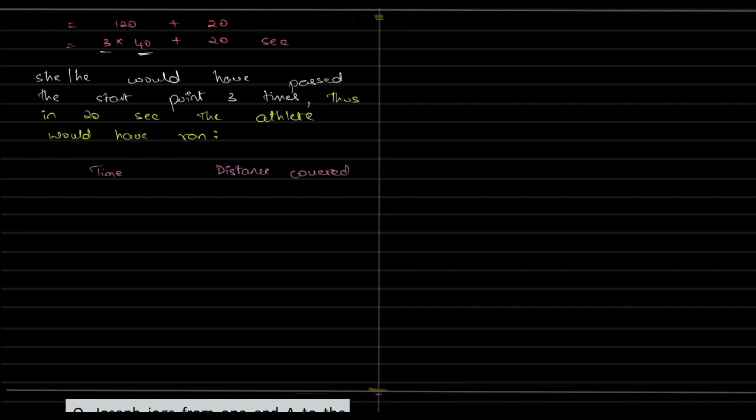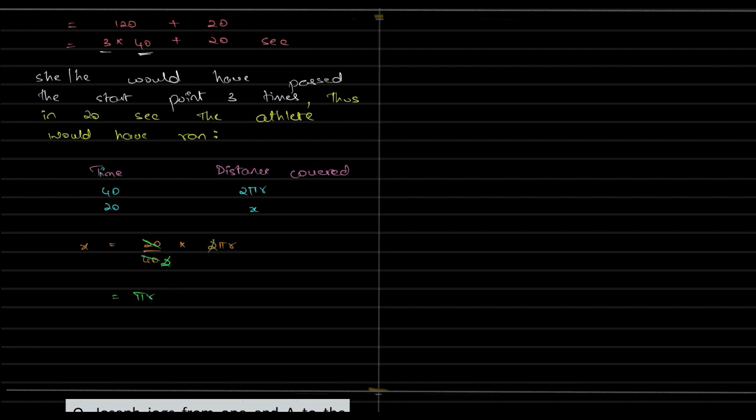To find where the person is, we need to find how much distance the person has run. So for every 40 seconds, one complete round, so 2 pi r. So for 20 seconds, simple cross multiplication, x is equal to 20 by 40 into 2 pi r. So this would be pi r.